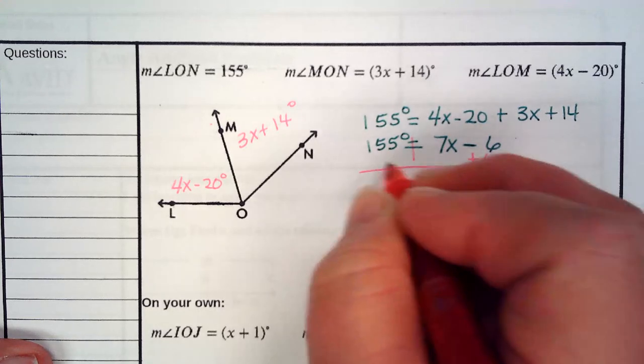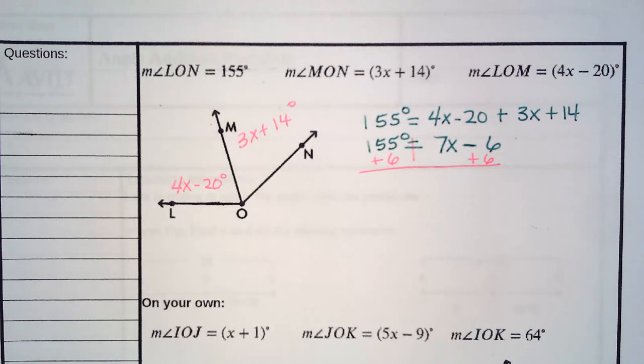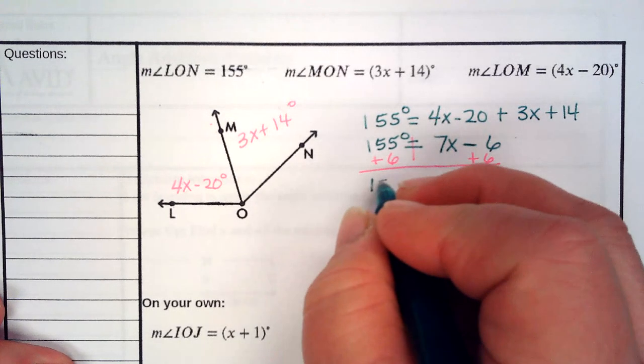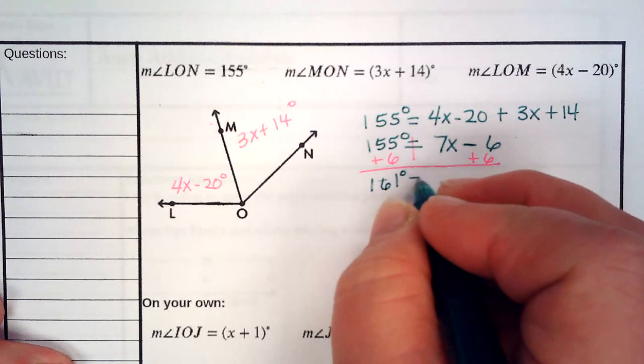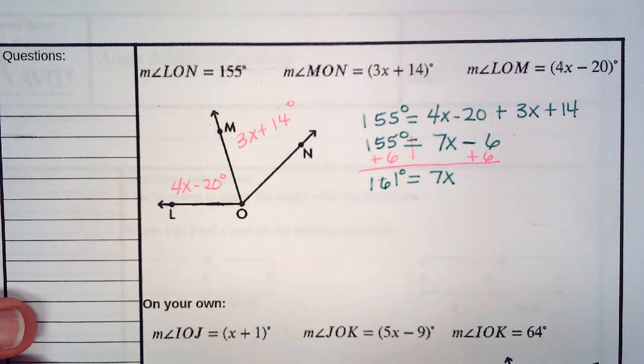Add 6 to both sides. Okay, 155 plus 6 is 161 degrees, is equal to 7x. Divide by 7.